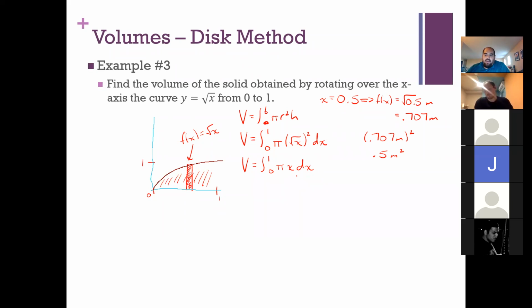All right, anything else before we finish computing this? Does anybody have a final volume for me? I got pi over 2. Pi over 2? Sounds good. For the good of the notes, let's make sure we have that. So it's going to be 1/2 pi x squared from 1 to 0.